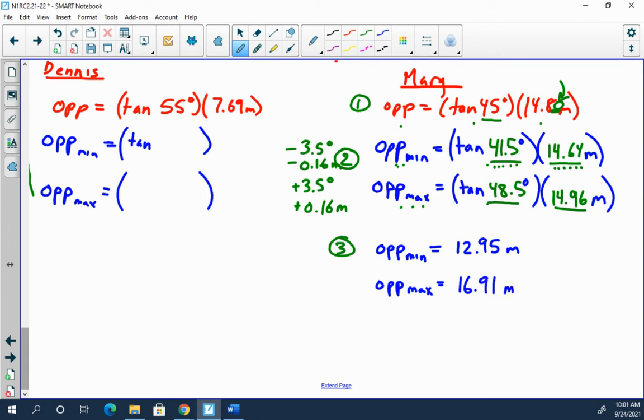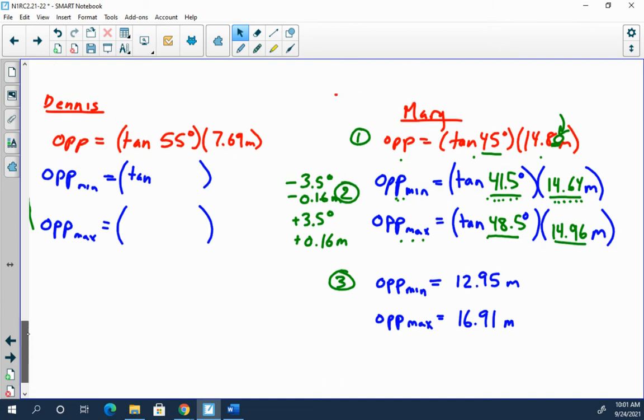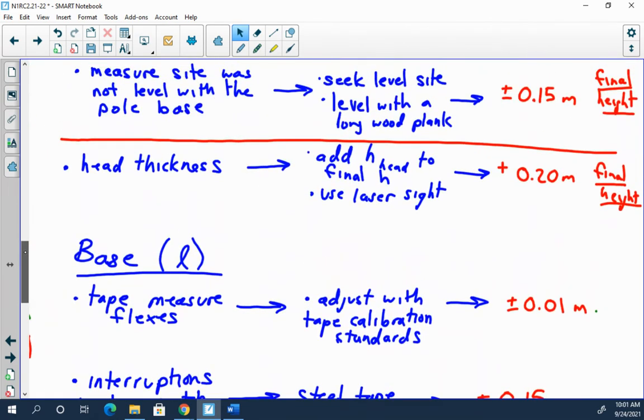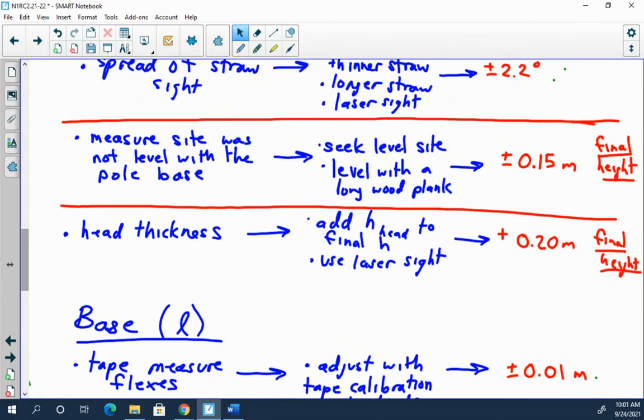Now, we're not actually fully done here because two of the angle issues that we chose to turn into height issues we haven't paid attention to yet, the two right here in the middle. We actually also said that on our final height, this was based on the levelness of the ground and your head thickness. Really, this affected the angle, but it's easier to think about it as a height measure.